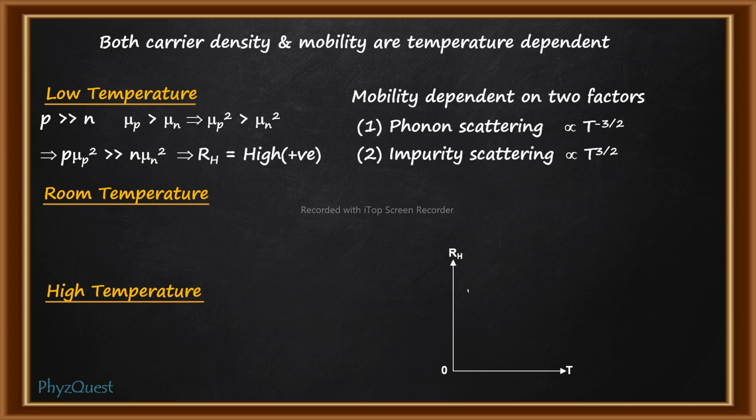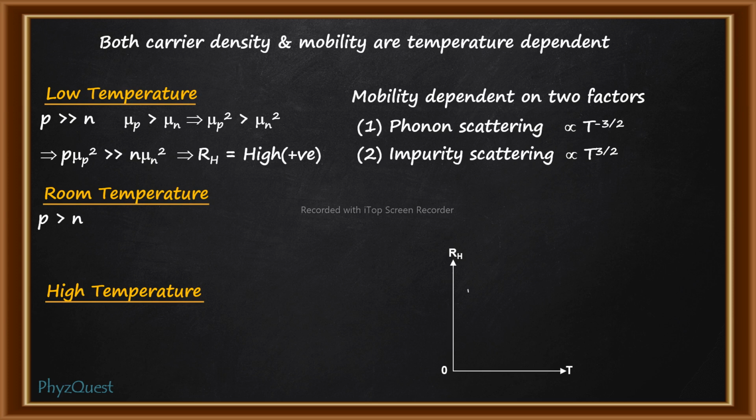Now at room temperature, due to thermal energy, some of the covalent bonds will break and release free electrons to the conduction band, leaving behind holes in the valence band. Therefore at room temperature there are intrinsic charge carriers, that is both electrons and holes are available, but still the extrinsic charge carriers are dominant here, due to which p is still greater than n.